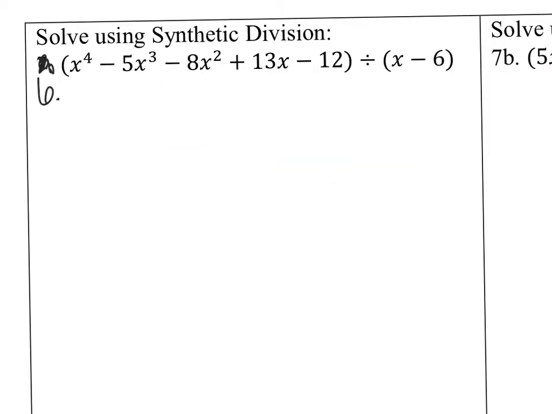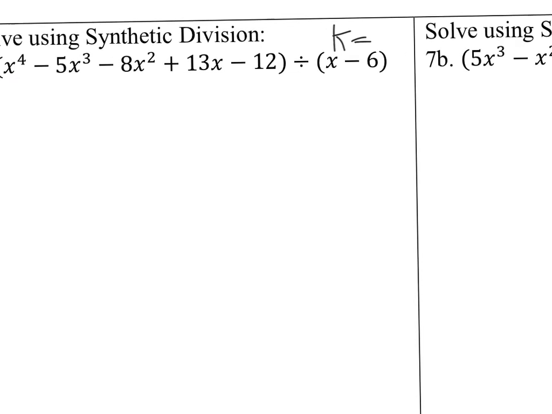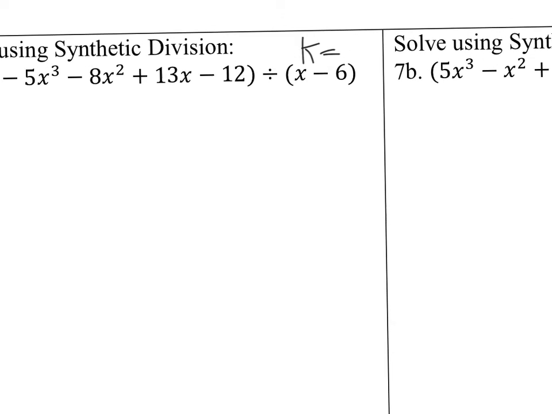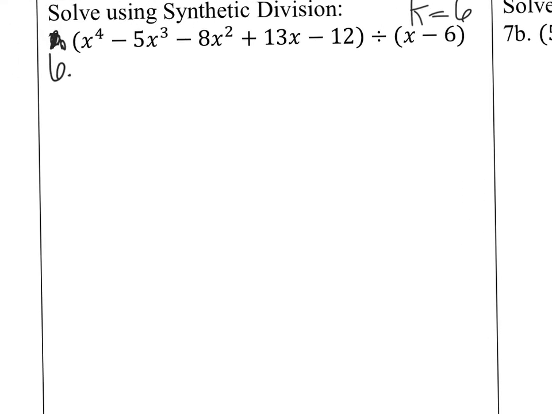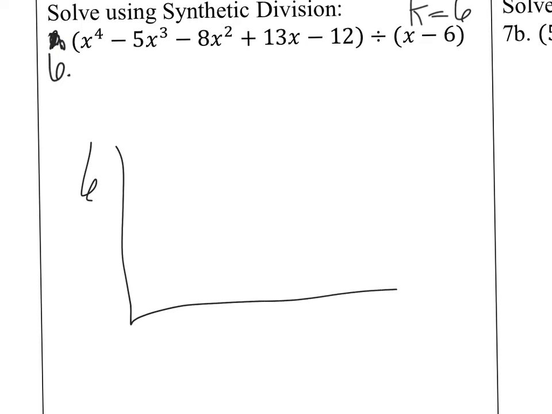Okay, number 6 uses synthetic division. So synthetic division, you have to do 2 things. For one, you have this k value, and it's just the opposite sign. So if it says x minus 6, then k is positive 6, not negative 6. So you're going to write down a 6 here, and then you're going to draw this L thingy.